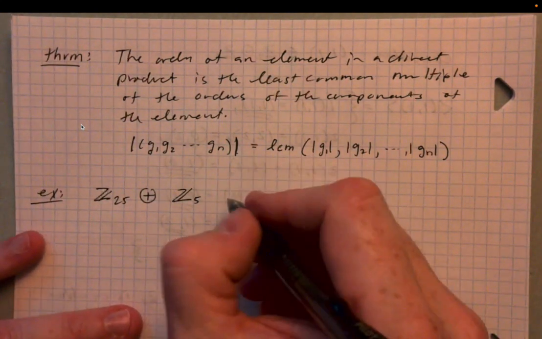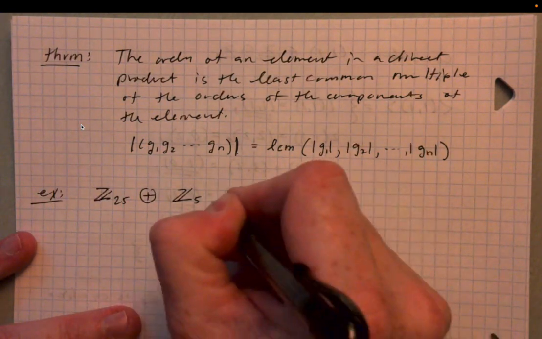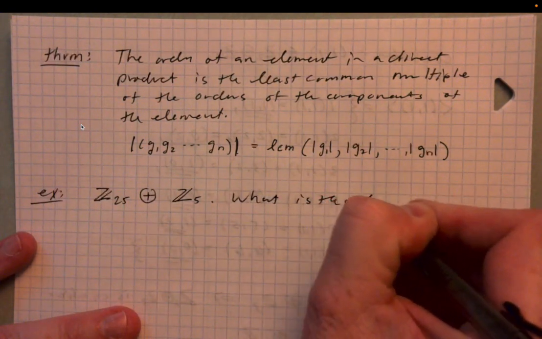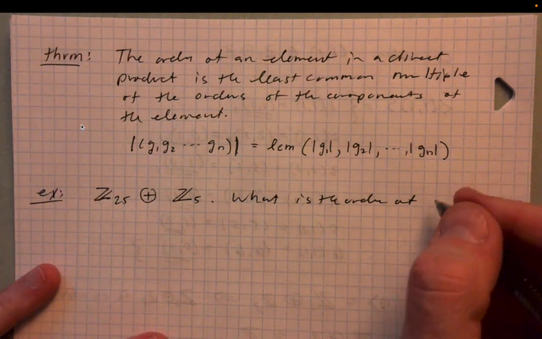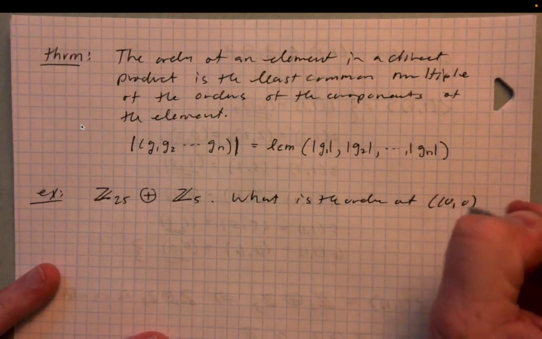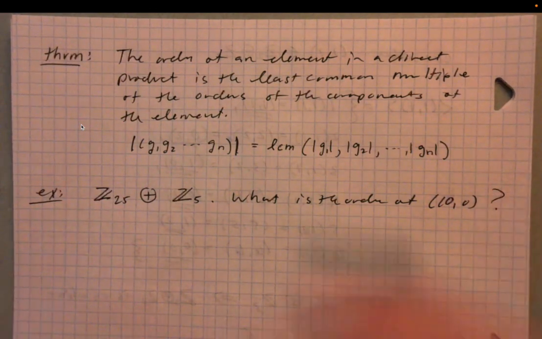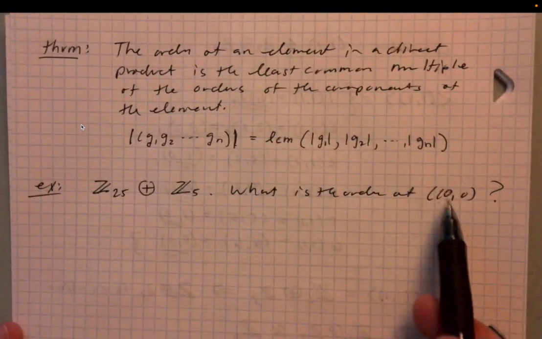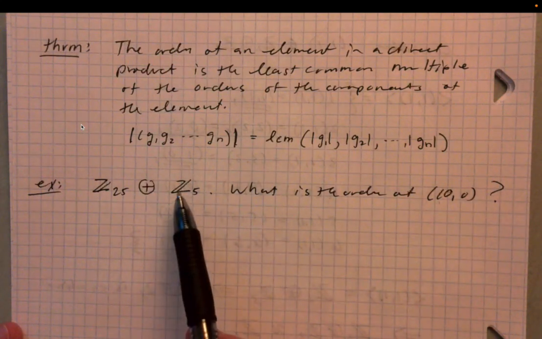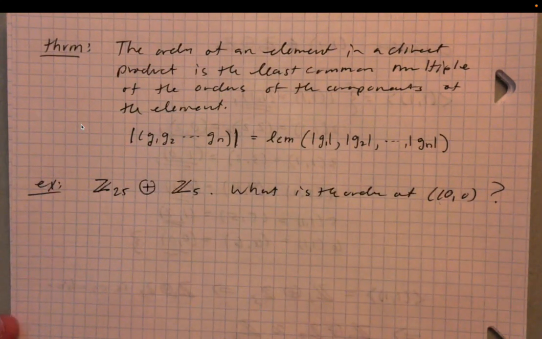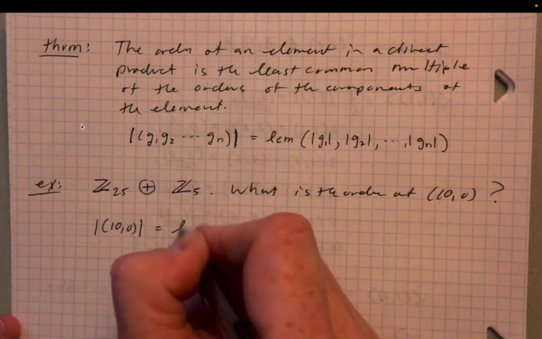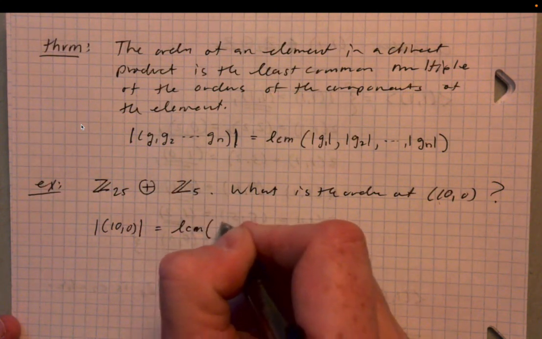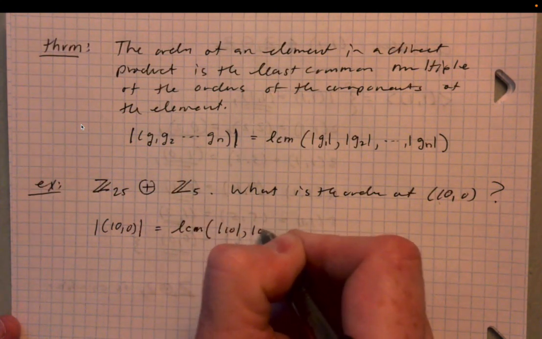Let's say we want to know the order of, how about 10 and 0. 10 is an element of Z25, and 0 is an element of Z5 in this case. So the order of (10, 0) is equal to the least common multiple of the order of 10 and the order of 0.